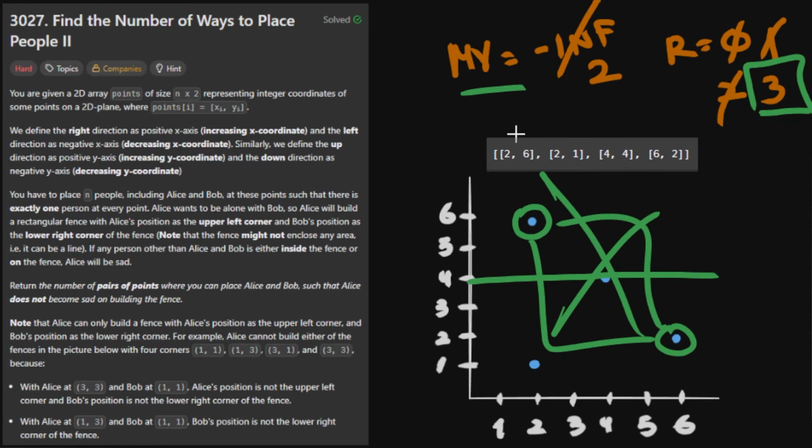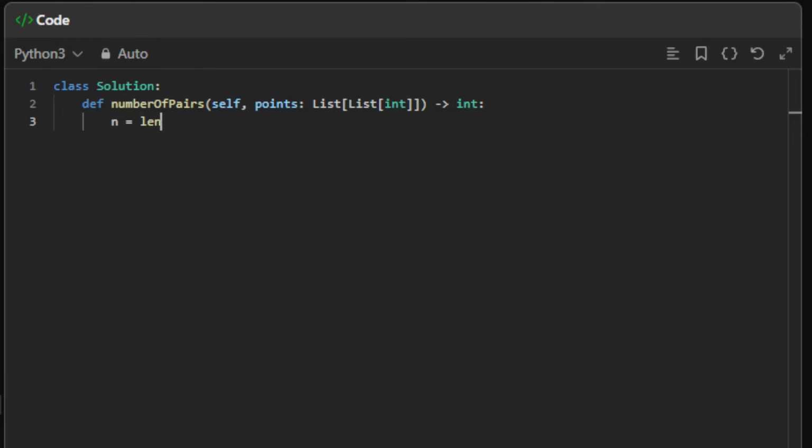So now let's go with the code and hopefully you will get the idea. First, n is the length of points, and we want to sort the points by the y-axis in descending order and by the x-axis in ascending order. And there are basically 2 ways to do this.